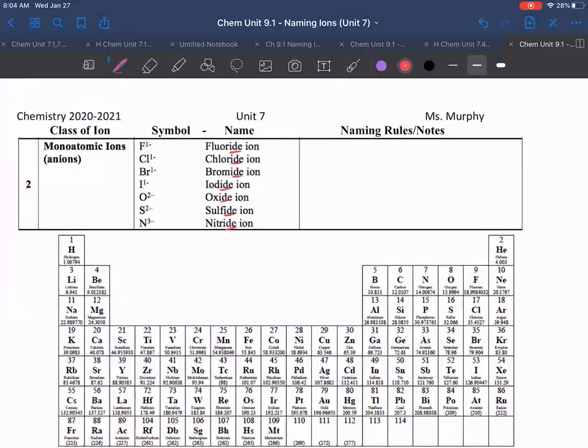And so for the naming rules for anions, what you're doing is change the ending to IDE. And then if we're talking about the specific ion, you just add ion. So now we have the fluoride ion, the chloride ion, etc.